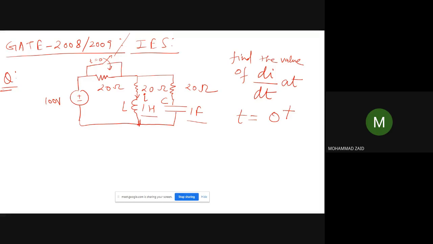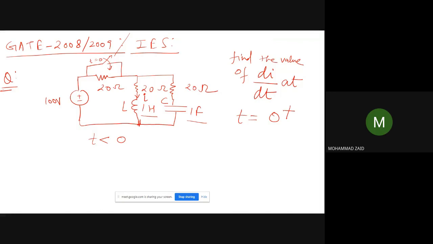2-3 minutes you can take. So first you have to find out what is happening at t less than 0.